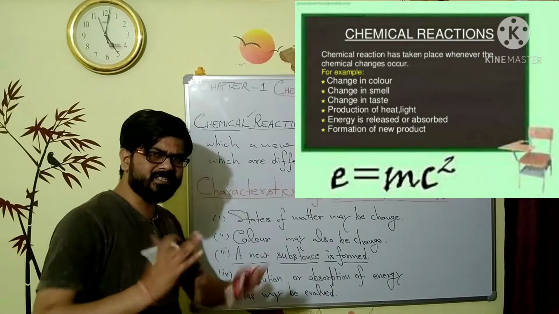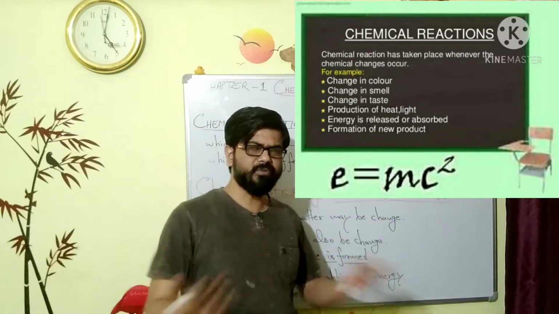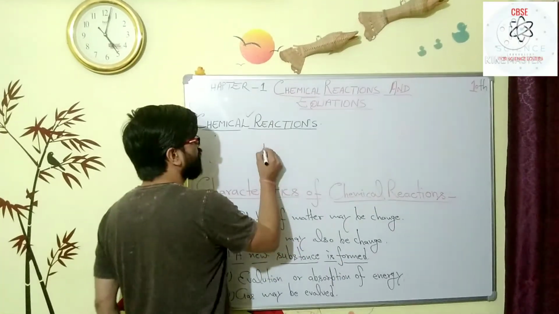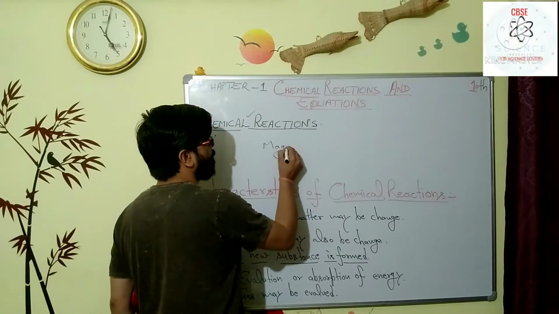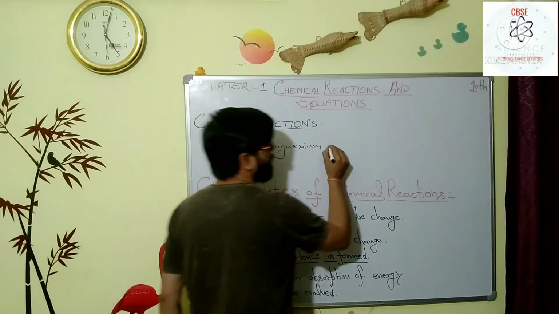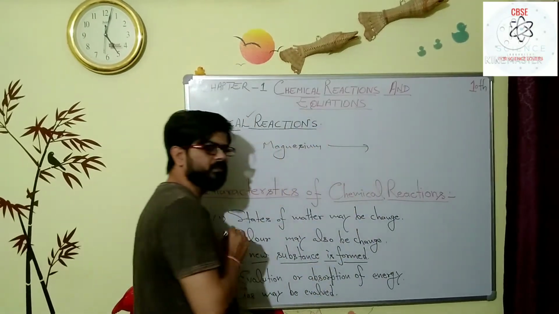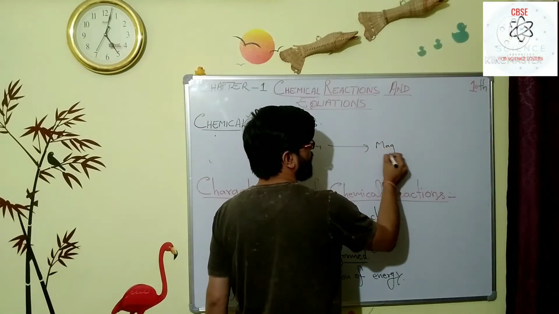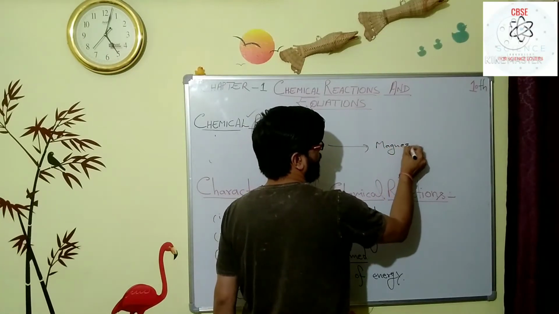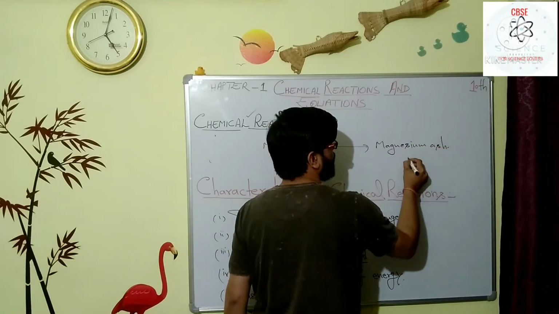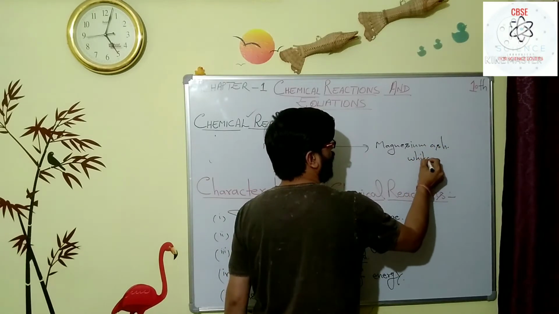So let's discuss some changes to which we are familiar. If you burn magnesium, then you will get another substance, that is magnesium ash, which is white in color.